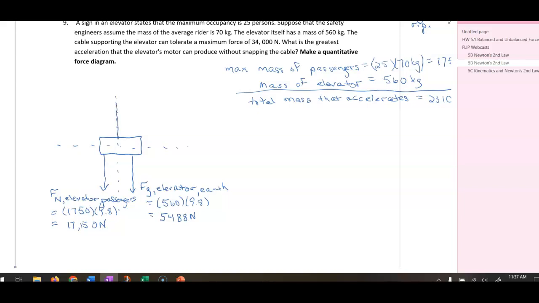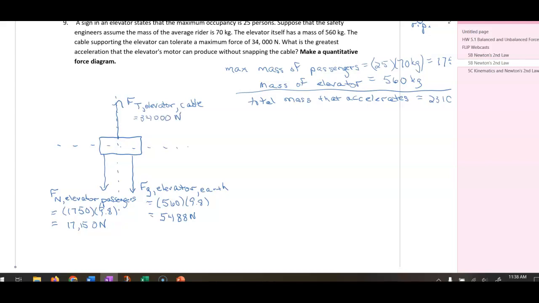The cable supports the elevator and holds it up. And since it's a cable, that force is a tension force. It's on the elevator and it's being exerted by the cable. Now, I guess I know that the maximum amount of this tension force is 34,000 newtons.